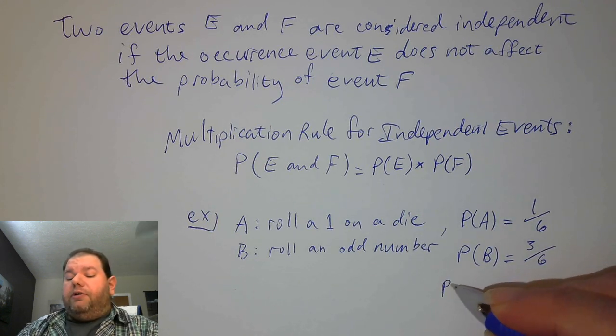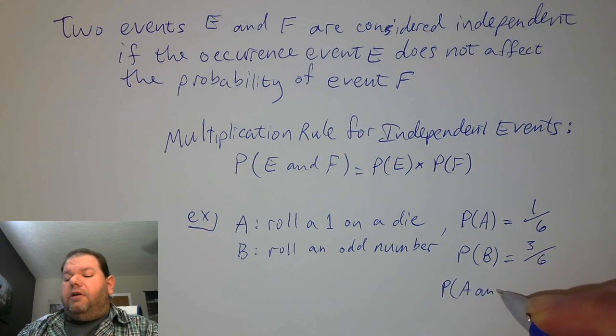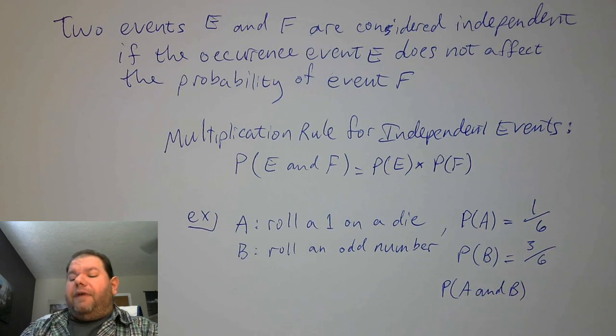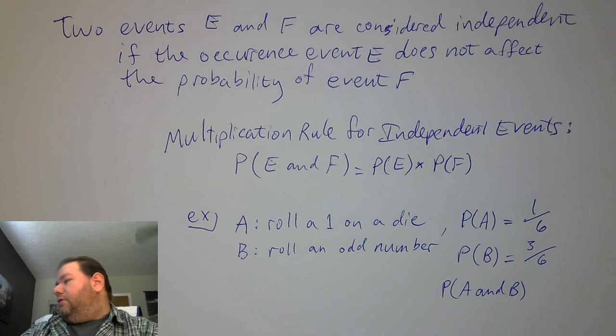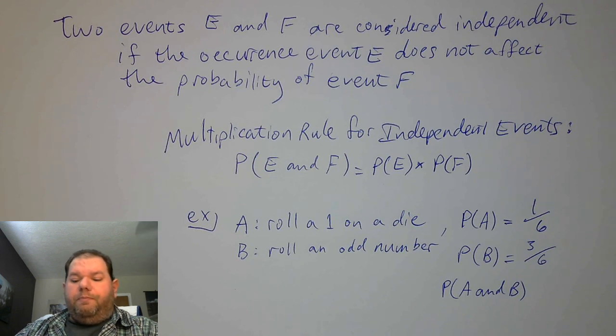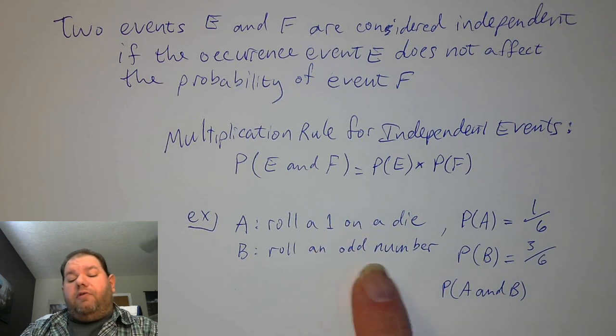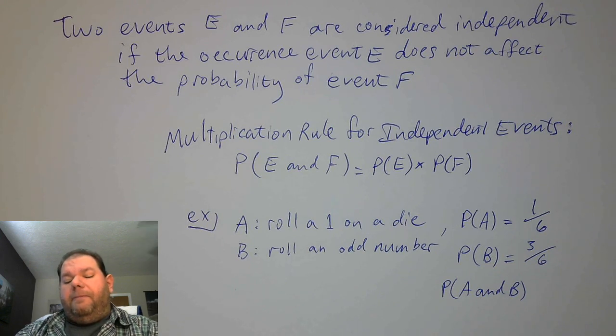We also want to look at the probability of A and B. Now, A and B means we both roll a 1 and we roll an odd number. Okay? 1 is an odd number.